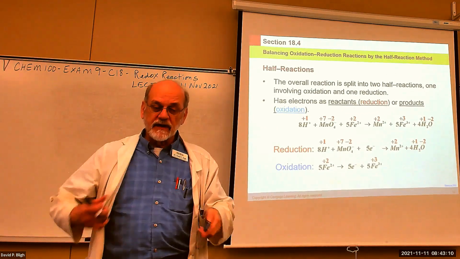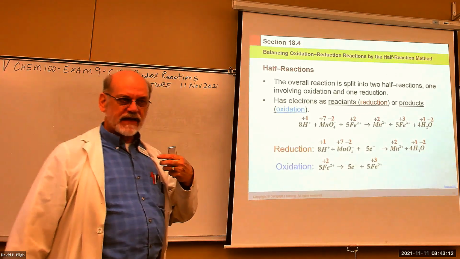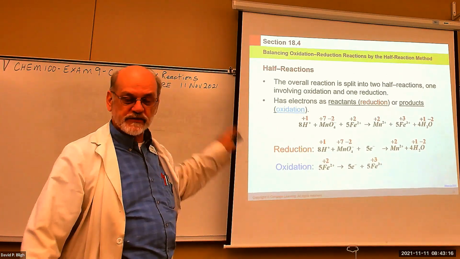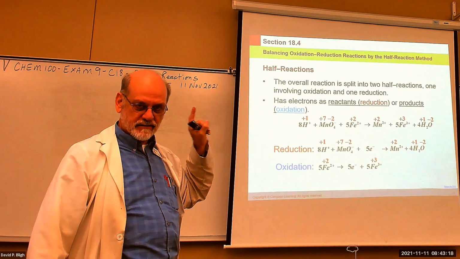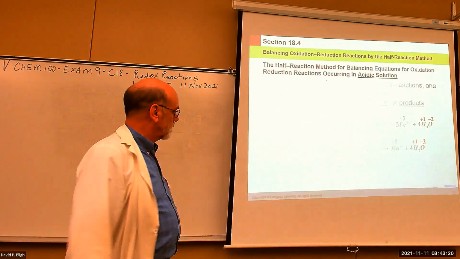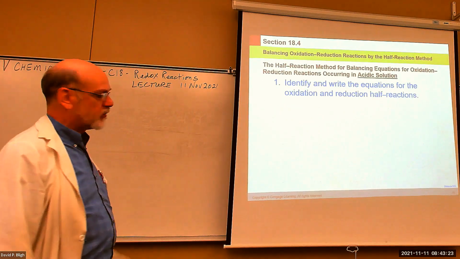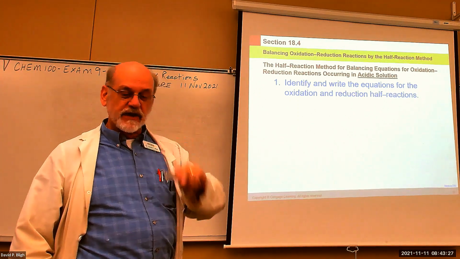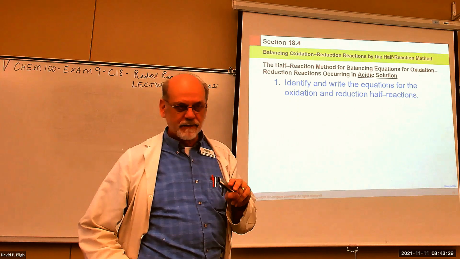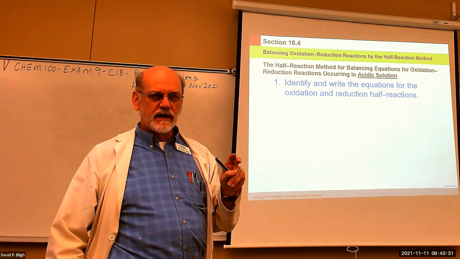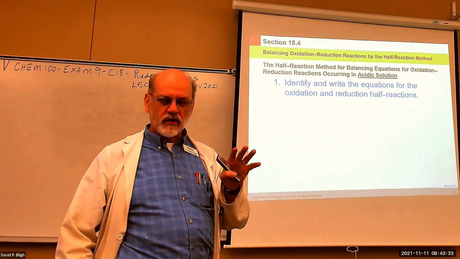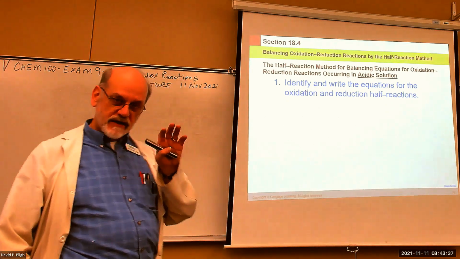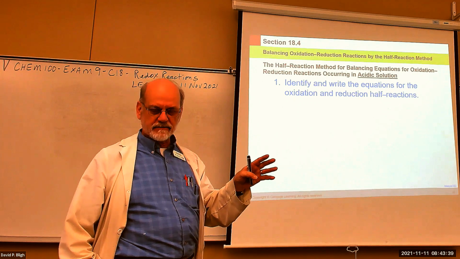What we want to do is take an unbalanced equation and reverse this procedure and balance it. So here's how we do it. There are two types of redox reactions that we can identify. They don't always occur, but when they do, they'll either be acidic or basic.